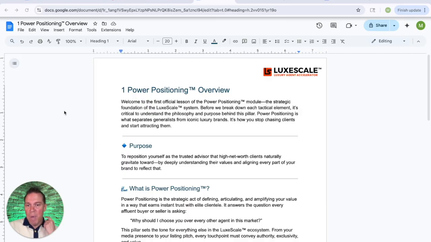So let's get right into power positioning. In a nutshell, it is really identifying who the luxury client is that you're trying to reach, and more importantly, all of the emotional drivers that trigger their decisions. Their lifestyle, how they buy a home, what's important to them.